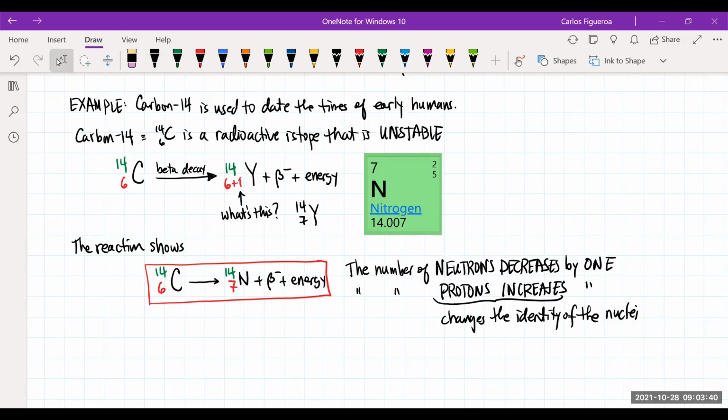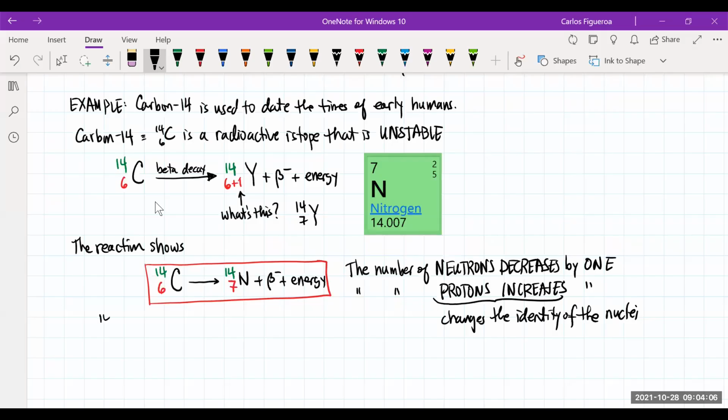So now let's sketch this thing here, okay? Let's sketch this thing. And the sketch is slippery, okay? So let's see if I can do a good job with the sketch. So if I look at this, let's look at the number of protons and neutrons in carbon and in nitrogen.